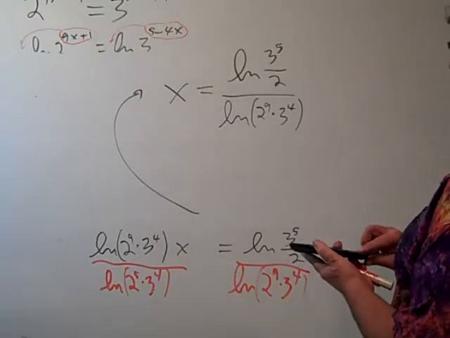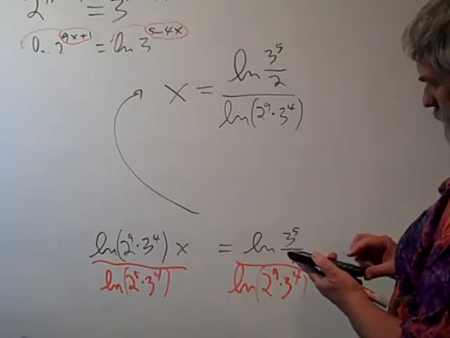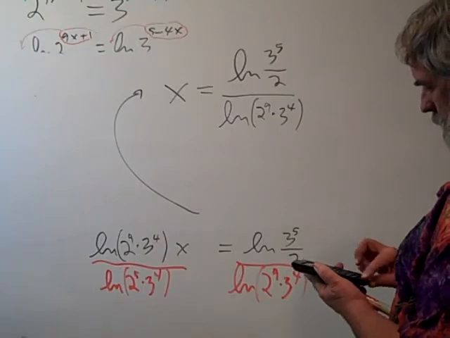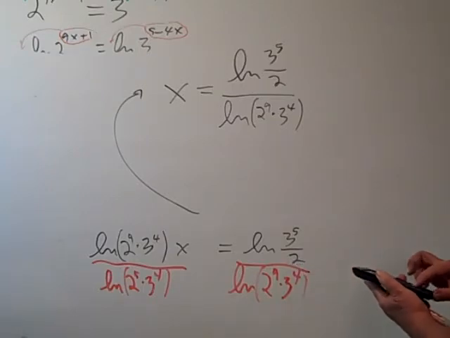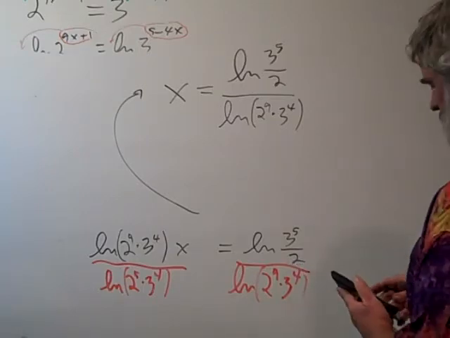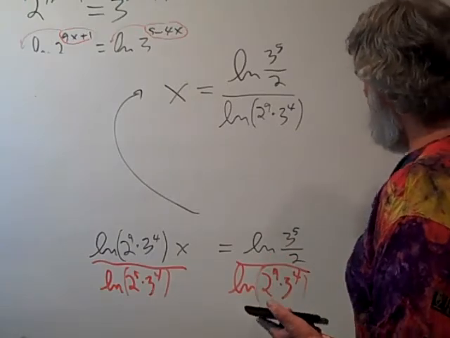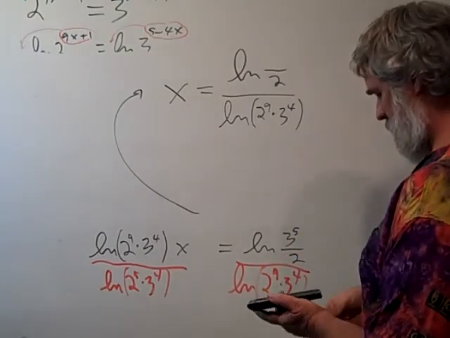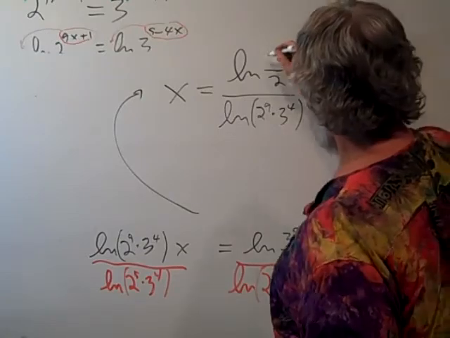So what does that equal? 3 to the 5th is 243. So this is 243 divided by 2.